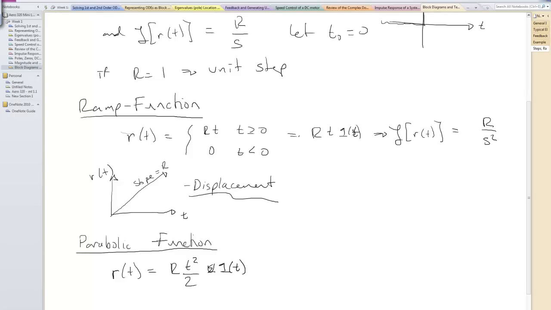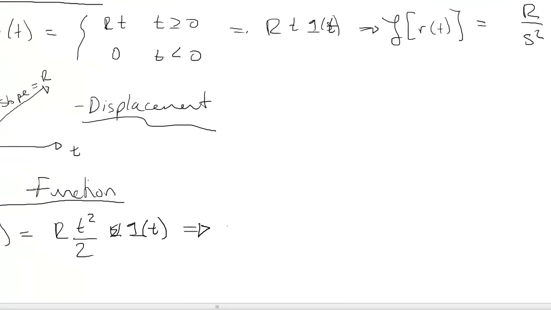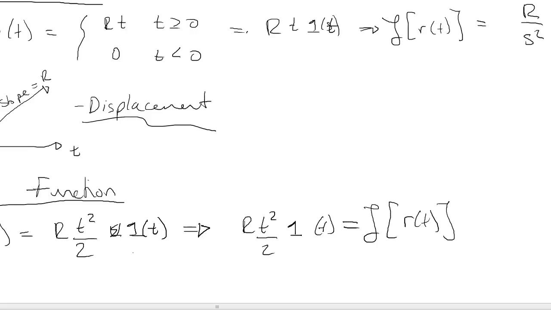And this, again, has the same kind of form here. The 2 is there for the Laplace transform, frankly. But in the Laplace domain, because of that 1/2 there, we get r over s to the third.